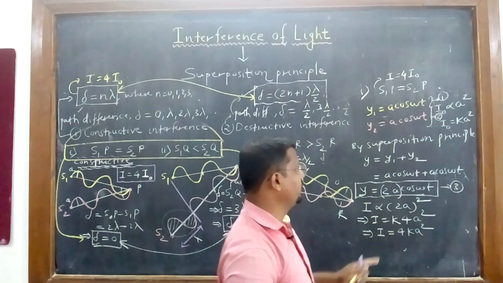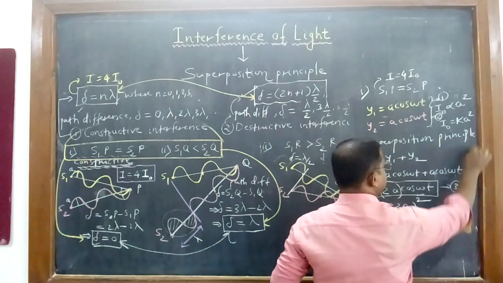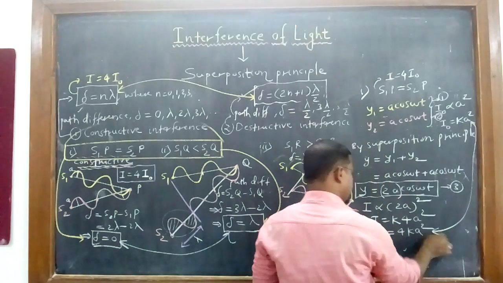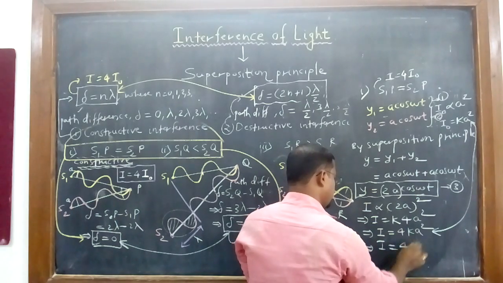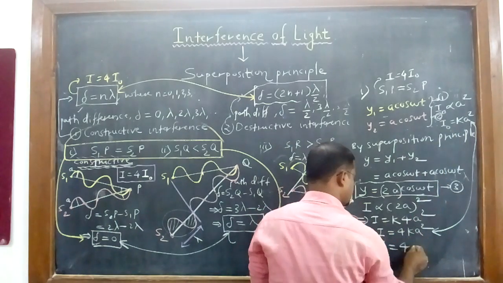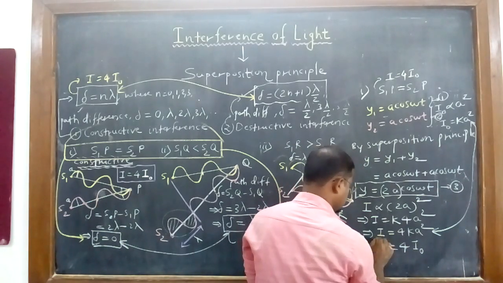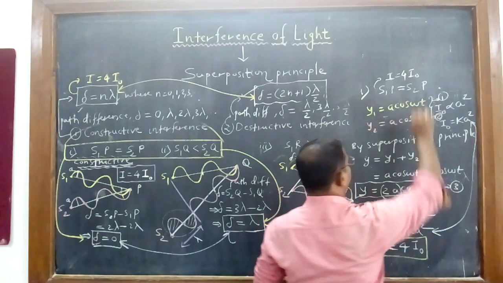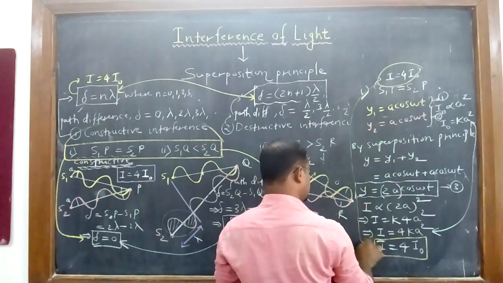And what is K A square from equations 1 and 2? What is K into A square? It is the intensity of the incident light. So this is your formula done. That only I was trying to prove. Yes sir, I proved this.